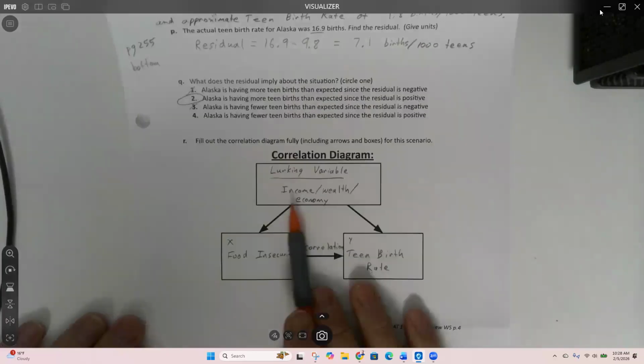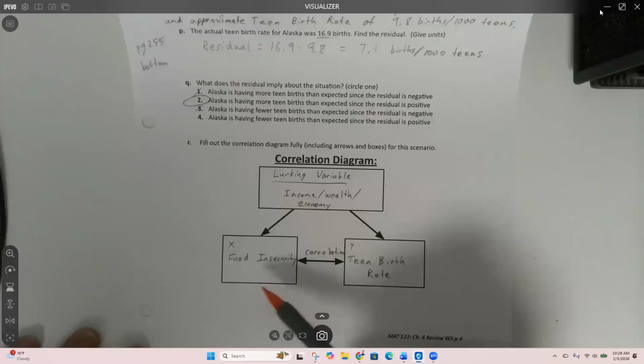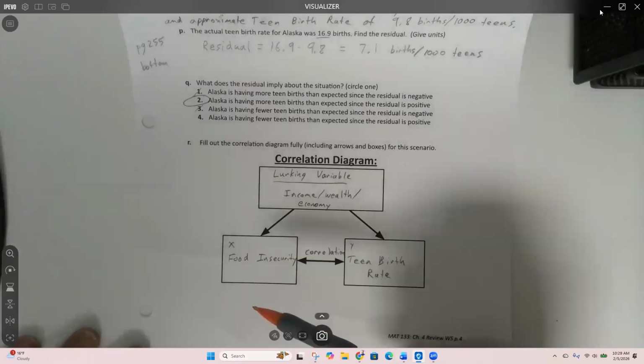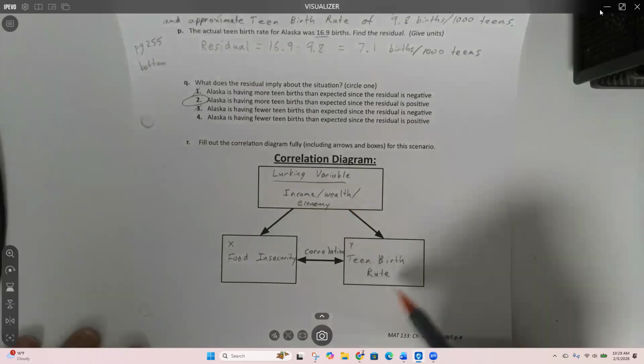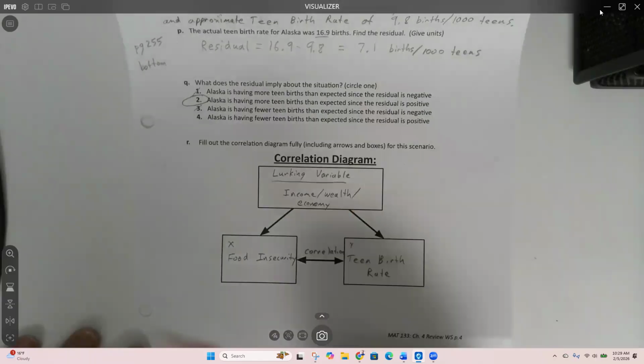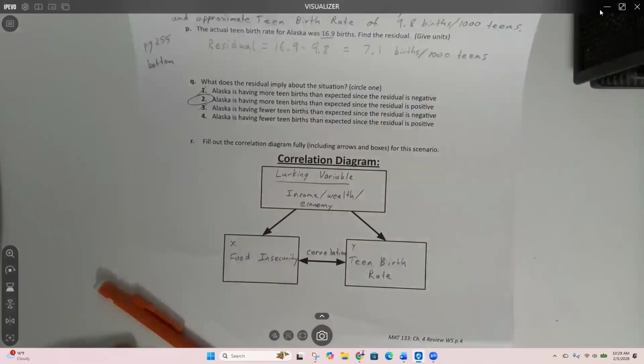Any of these. So when a state is a wealthy state and they have a lot of money, it means that they'll have enough money for people to buy food. It also means that they'll have enough money to help teens with contraceptives and to prevent teen pregnancies.